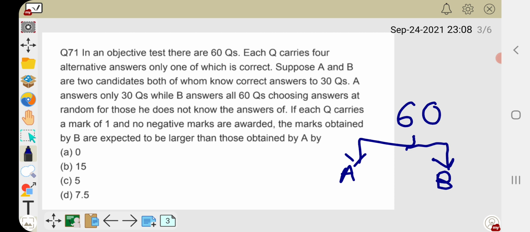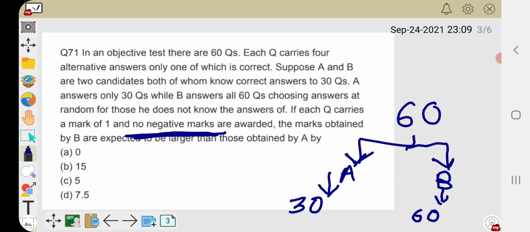A answers only 30 questions, while B answers all 60 questions, choosing answers at random for those he doesn't know the answers of. If each question carries a mark of 1 and no negative marks are awarded, the marks obtained by B are expected to be larger than those obtained by A by what margin?